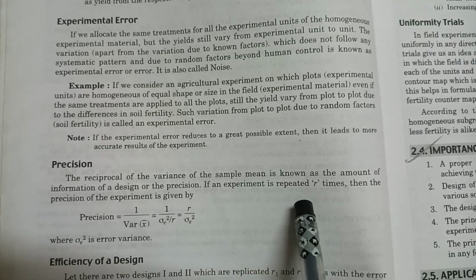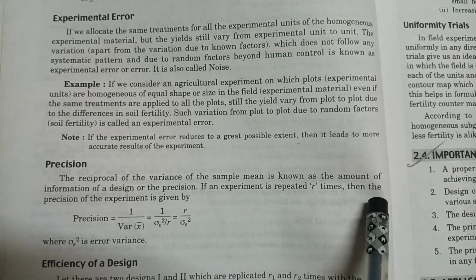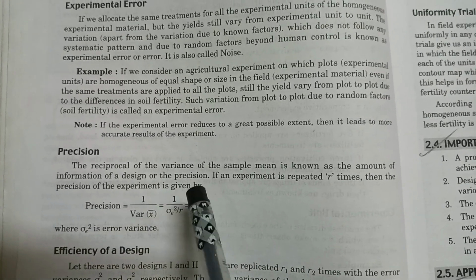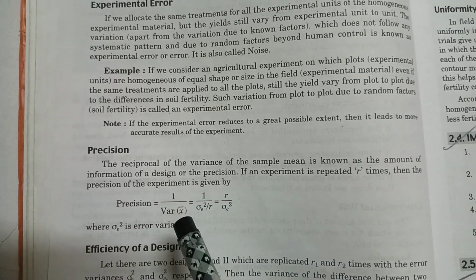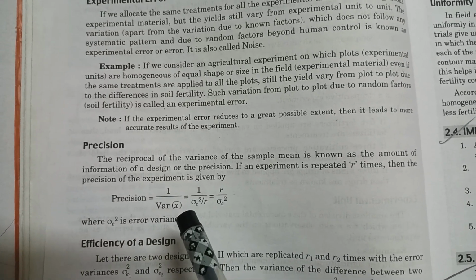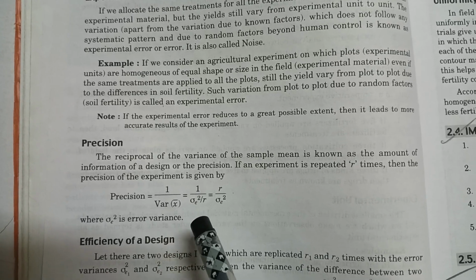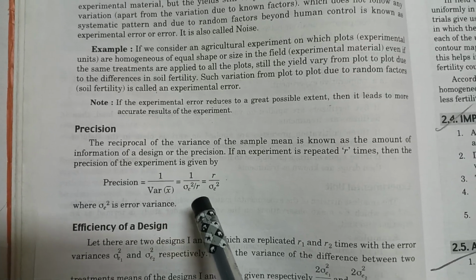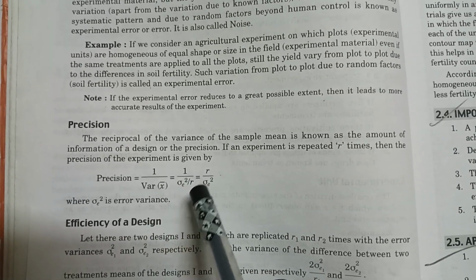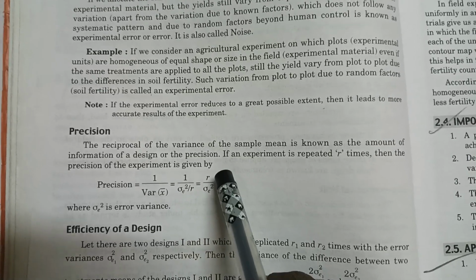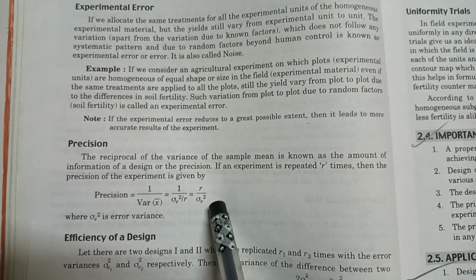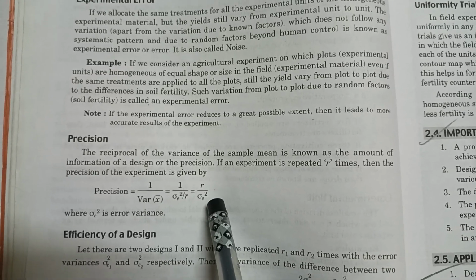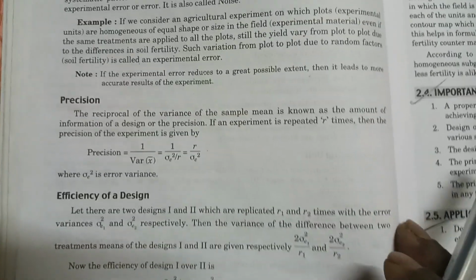If an experiment is repeated r times, then the precision of the experiment is given by precision is equal to 1 divided by variance of x bar. Okay, so that is equal to 1 divided by sigma e square divided by r. That implies r divided by sigma e square. So this is a very important definition, precision of design.